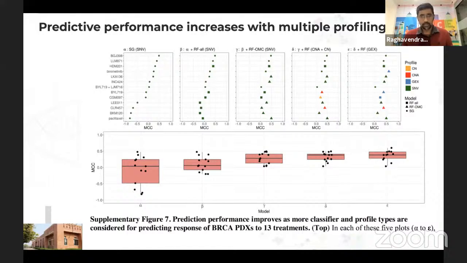And the accuracy level can further be improved by including more than one molecular profile, like gene mutation data combined with gene expression data, combined with copy number variation data, which improves accuracy tremendously. So to quantify, we could predict correctly 19 out of 26 treatment regimes.